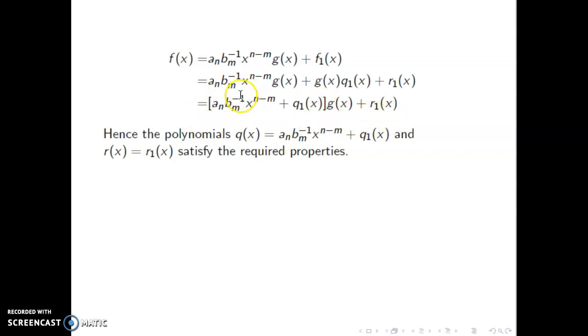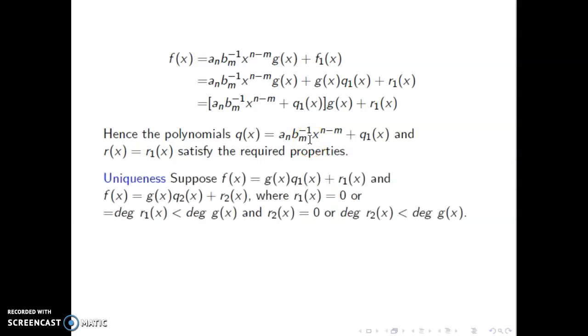Now at this stage I have something times g(x) plus a remainder, and this expression inside the bracket I take as q(x). This r1(x) I take as r(x), and these two satisfy the required properties, and hence we have proved the existence.